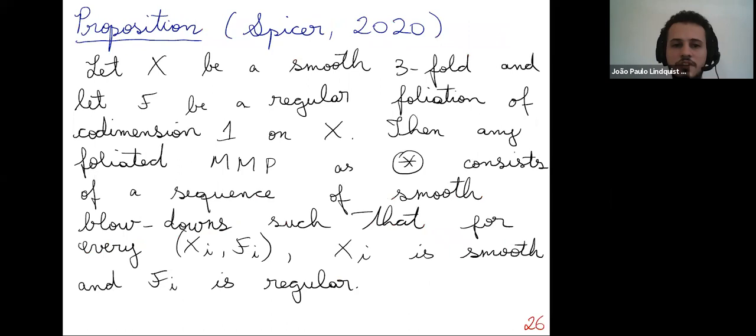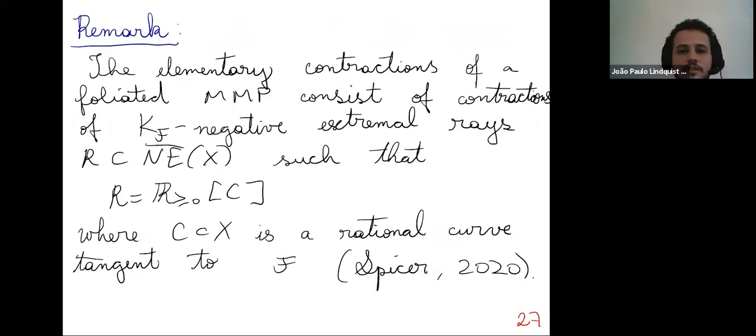If you know something about the classical MMP, you know that you have to start contracting the negative extremal rays on the cone of effective curves on X. And there is a cone theorem which gives a characterization of this cone.